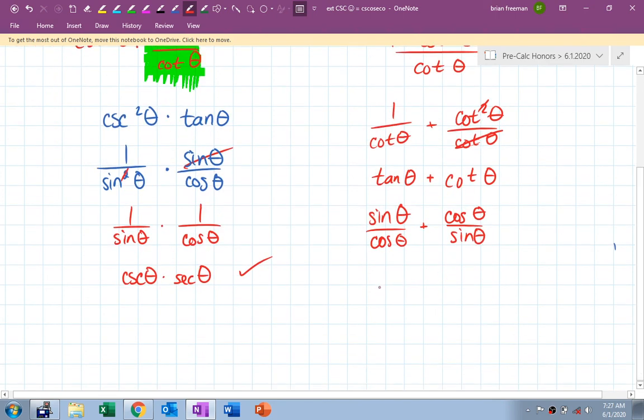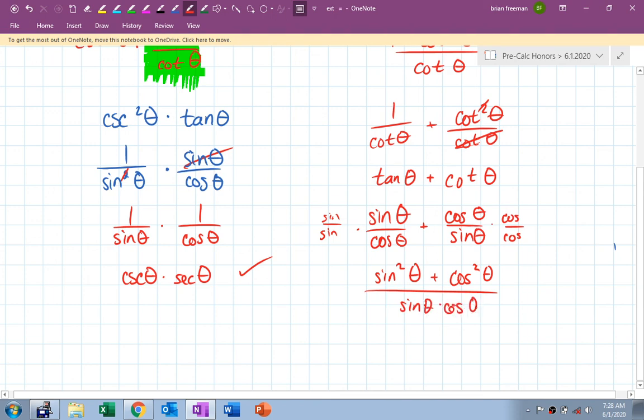So if we get the LCD, we would end up with multiplying this guy by sine over sine, this guy by cosine over cosine. So we would get sine squared plus cosine squared over sine times cosine. Oof. See why I didn't want to do it this way?